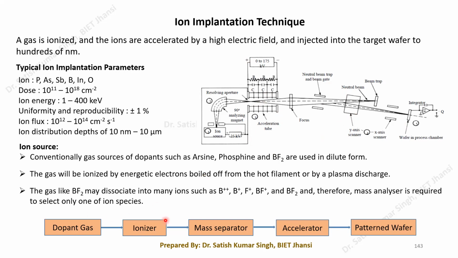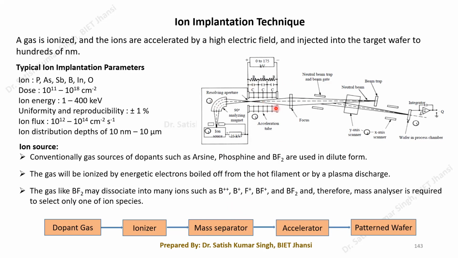The entire system, or the working of this particular ion implanter, you can think of in these major 5 steps, in which we have the dopant gas followed by an ionizer. So we need to ionize this dopant gas, and then we need to have a mass separator. This analyzing magnet performs the task of selecting a particular ion beam.